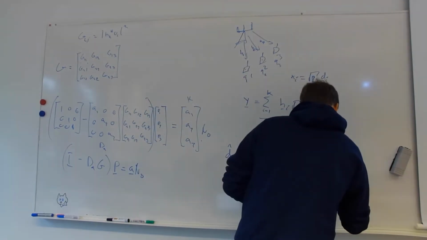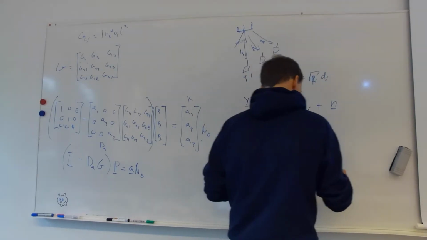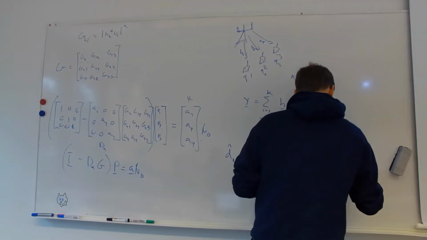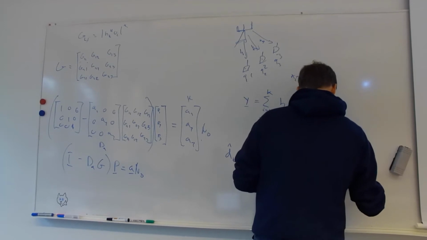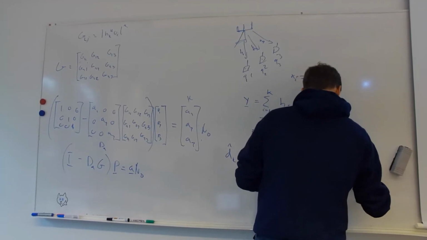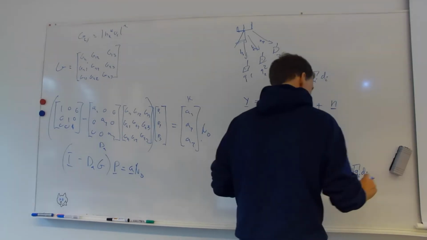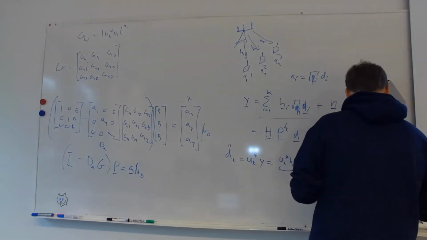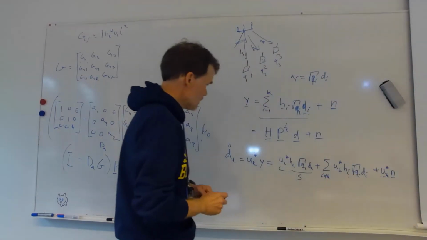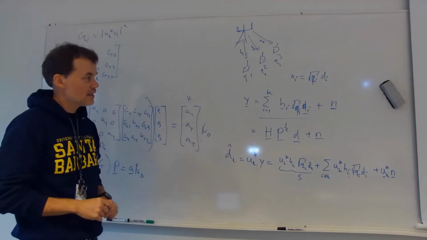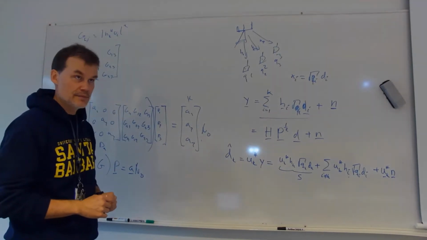And then we have the interference, the sum over i not equal to K of UK Hermitian Hi Qi di, plus the noise at the output of this beamformer. This is the equivalent system model.